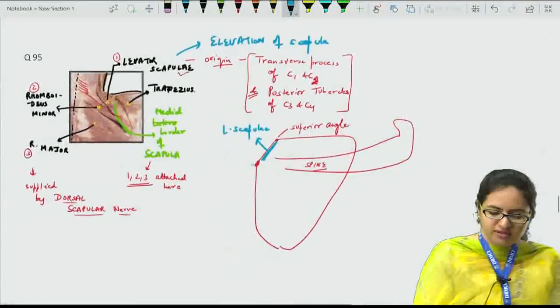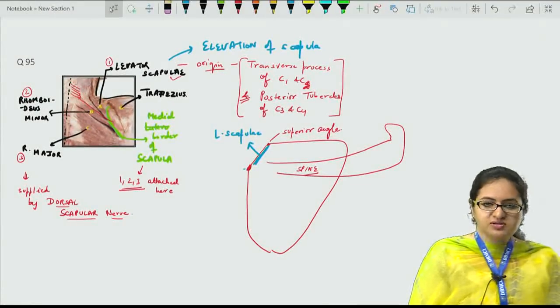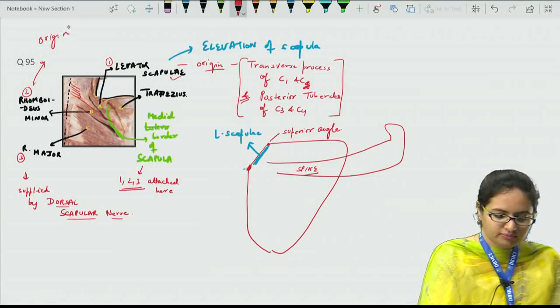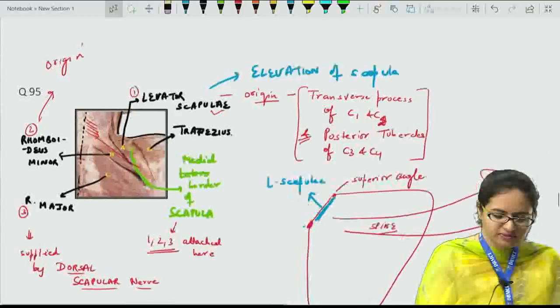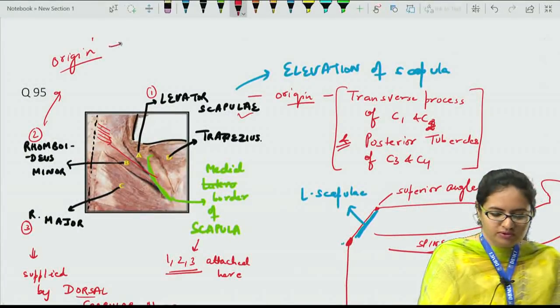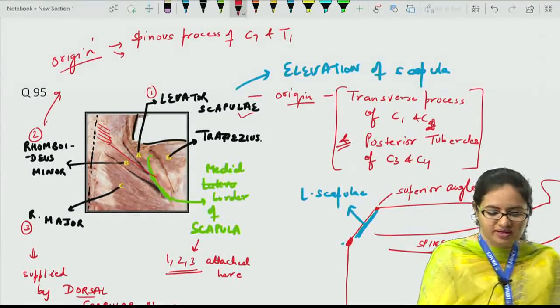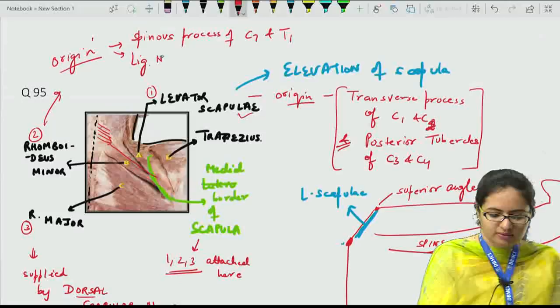Now if we talk about the rhomboides major and the minor, the rhomboides minor, the origin of this muscle: the rhomboides minor muscle originates from the spinous process of C7 and T1, as well as having attachment to the lower portions of the ligamentum nuchae.